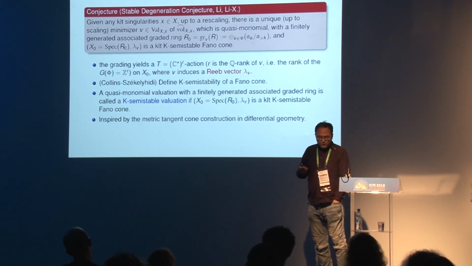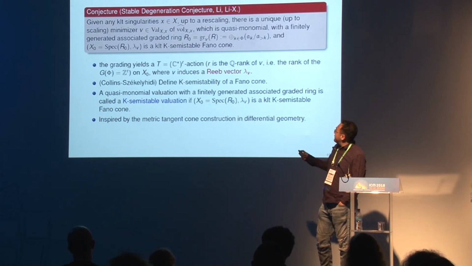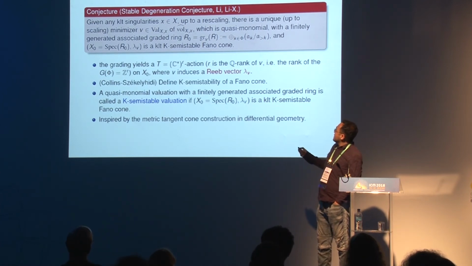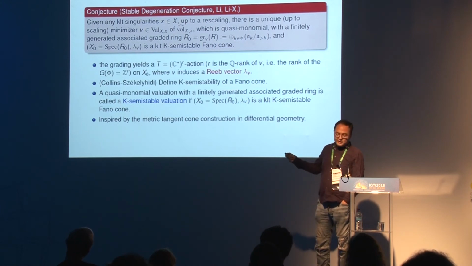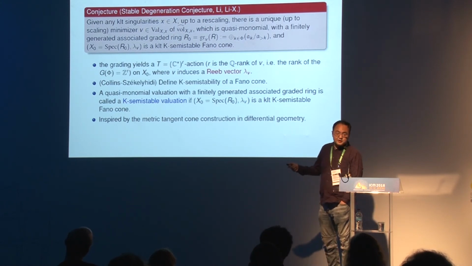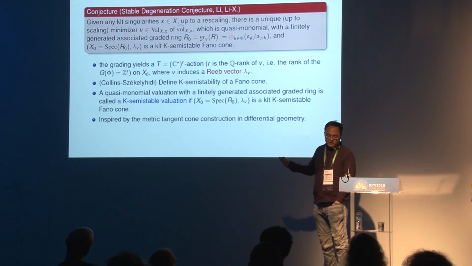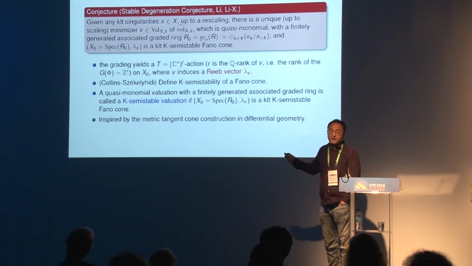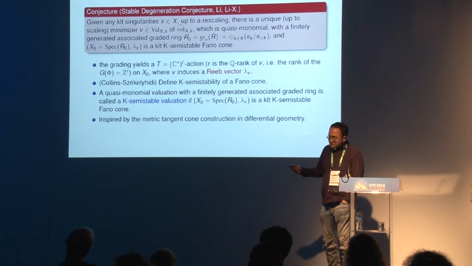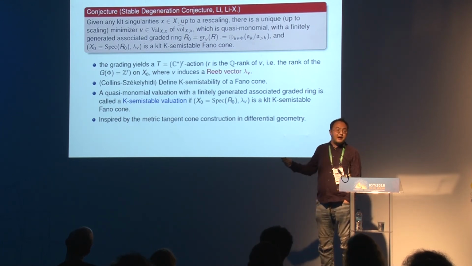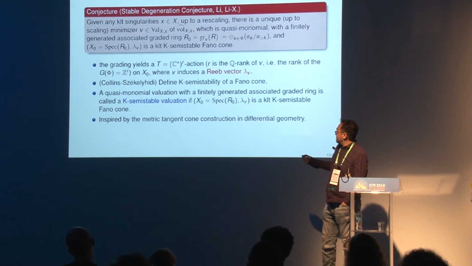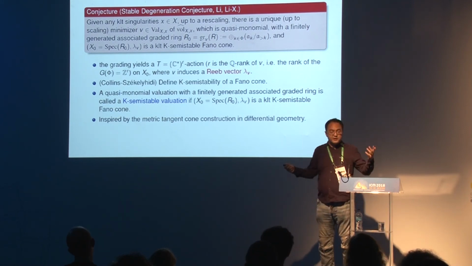Because of this, we want to give a name to this kind of valuation, which is quasi-monomial, finitely generated, and K-semistable. We basically call it a K-semistable valuation. In other words, the conjecture says any minimizer gives you a K-semistable valuation. And this conjecture is strongly inspired by the study of metric tangent cones, which I think appeared in Donaldson's talk.